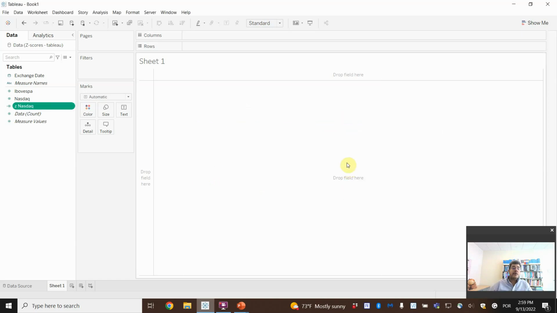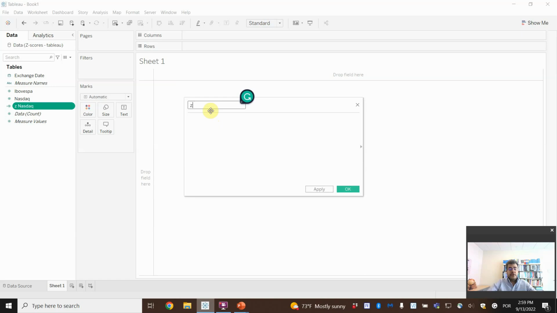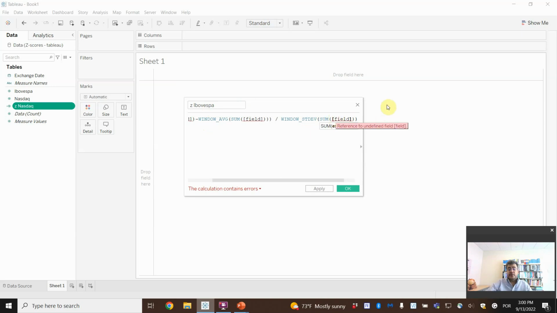So okay, and now let's create the second z-score. Analysis, create calculated field, Z Ibovespa, and here we can type it if we want to. I copy and paste only because it's easier. Okay, a lot of errors because there is no field called field.